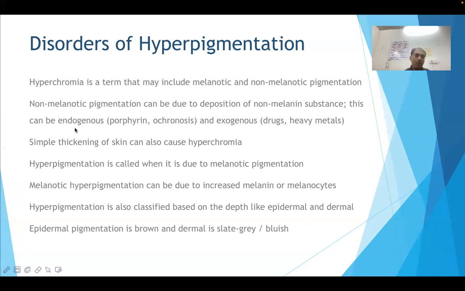Melanotic hyperpigmentation is when it is mainly due to an increase in melanin production or melanophages. The melanotic hyperpigmentation can be due to increased melanin or melanocytes. It is also classified depending upon the depth of the pigment, whether it is epidermal or dermal. The dermal pigmentation mainly presents as a slate gray or bluish hue due to the depth of the pigment.